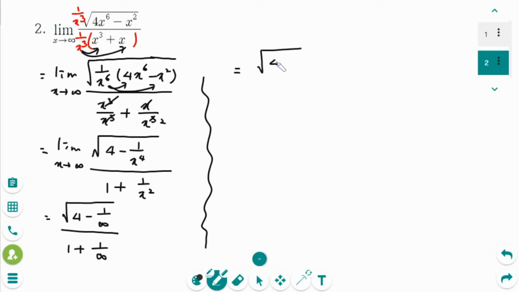So square root of 4 minus 0 over 1 plus 0. So square root of 4 is 2 over 1. So the final answer is 2.